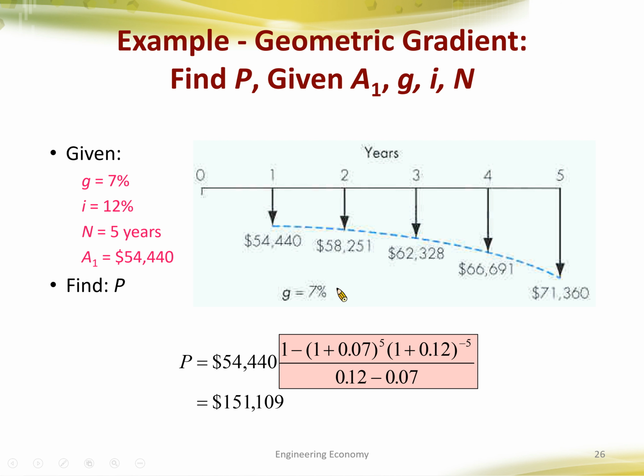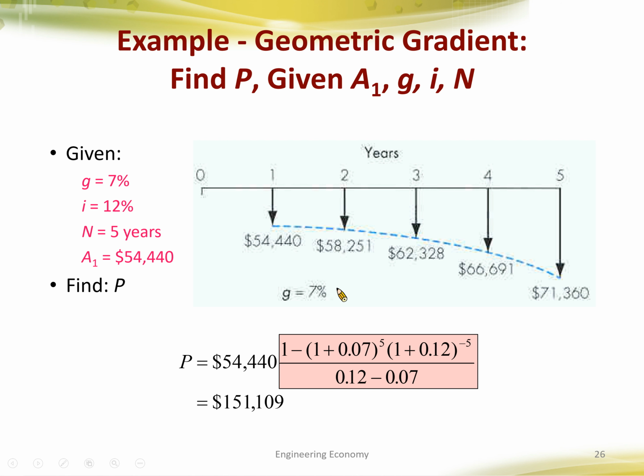Here is an example, and following these numbers, you can plug them in. Here G equals 7%, and I is 12%, so I is not equal to G. We have A1 equal to 54,440, and N equal to 5, because there are 5 periods.